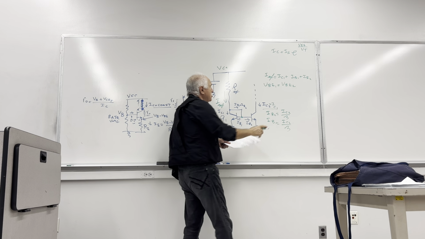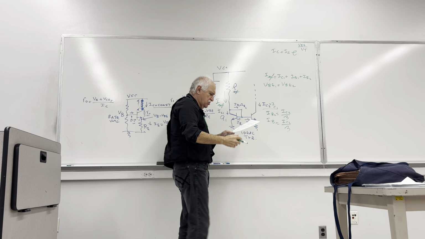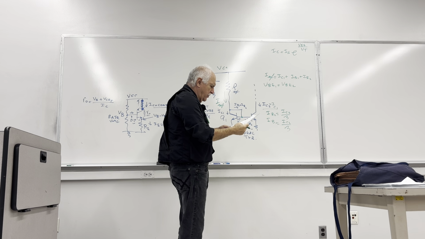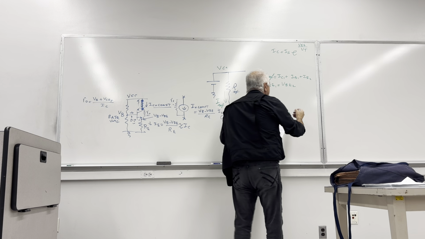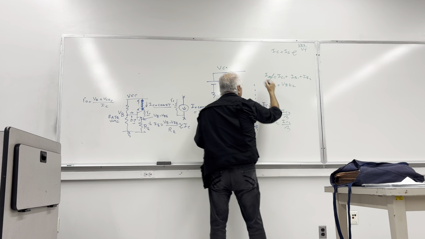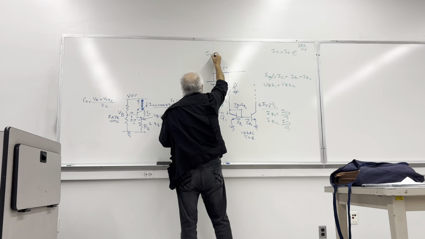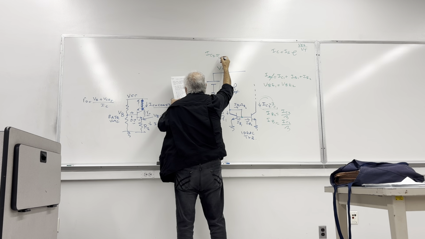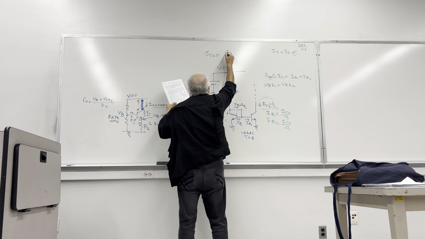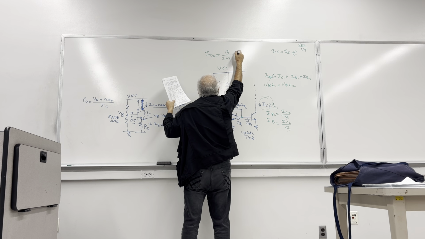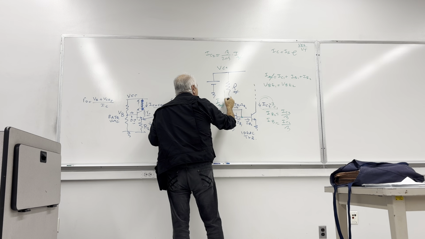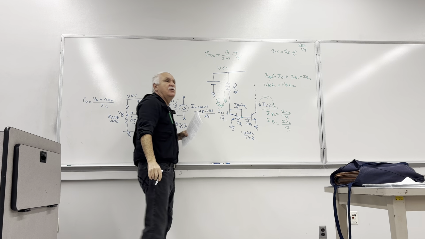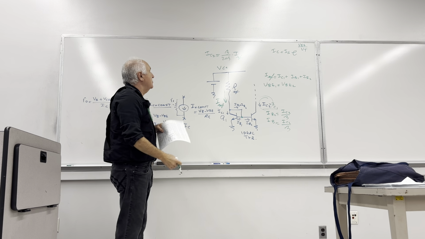So if you substitute all of them back into the first equation, you will end up with IC2, which is the current of that transistor, being equal to beta over 2 plus beta times Iref. Iref is the current that is established in that resistor, some reference current.